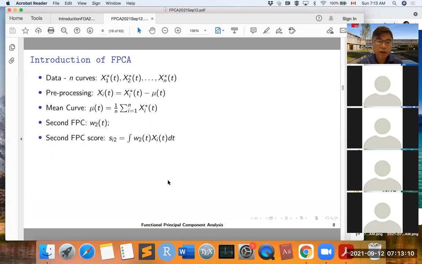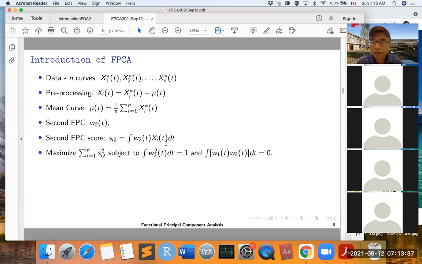Thus, here we can also work on the second FPC, W2(t). We calculate the second FPC score Si2 by projecting xi(t) onto W2(t), doing the inner product between W2(t) and xi(t). We have the integral here. And then we maximize the variation of the second FPC scores.